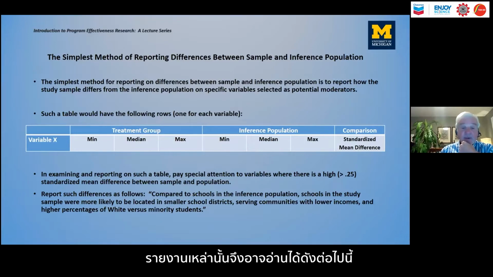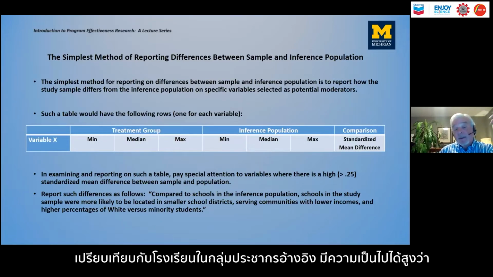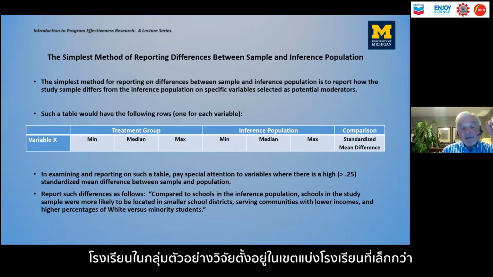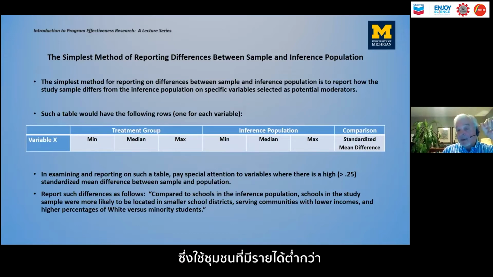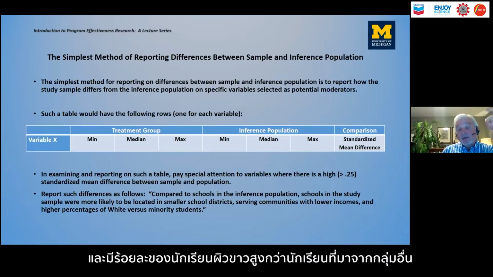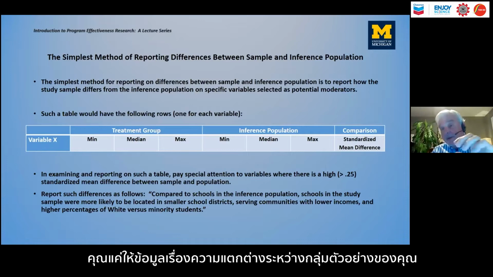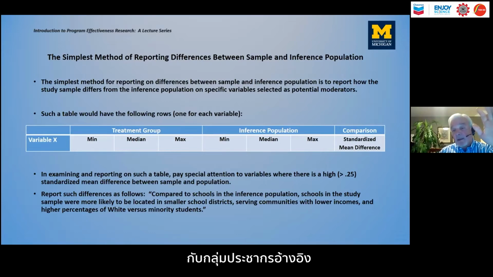So those reports might read as follows. Compared to schools in the inference population, schools in the study sample were more likely to be located in smaller school districts, serving communities with lower incomes and higher percentages of white versus minority students. So you just provide some information about the differences between your sample and the inference population.